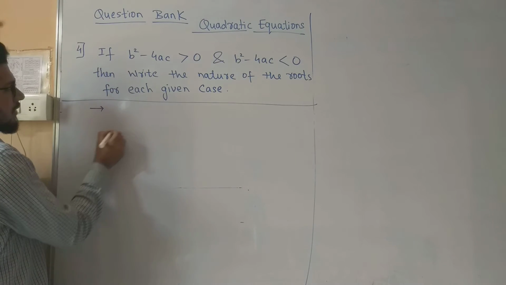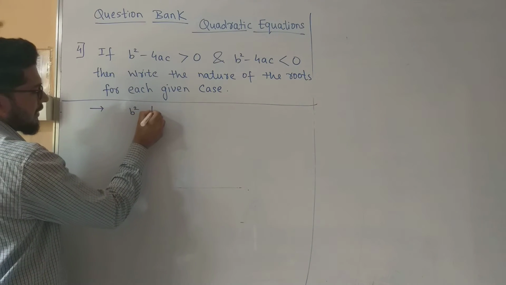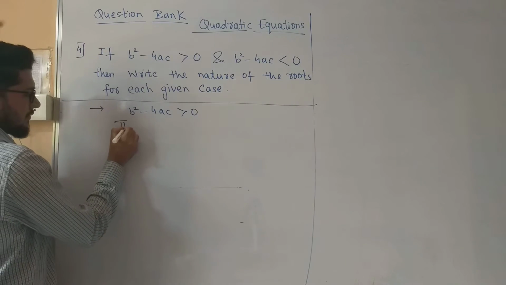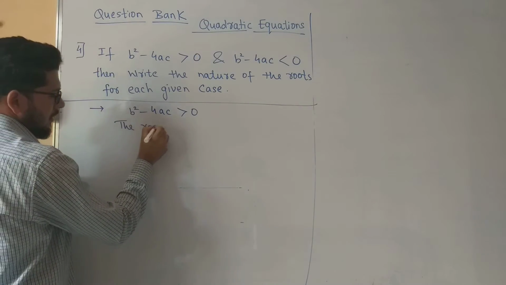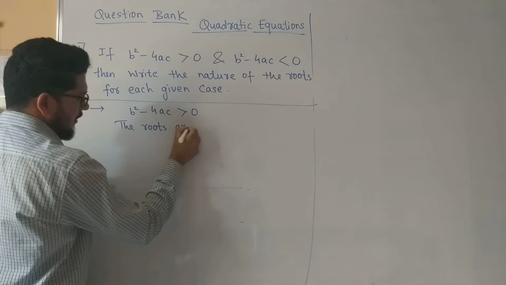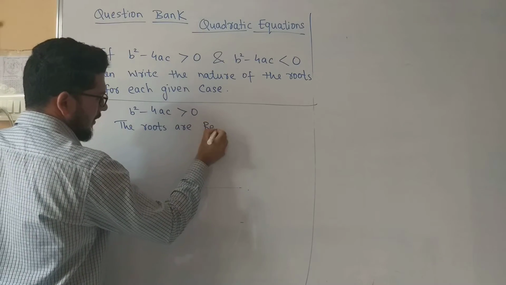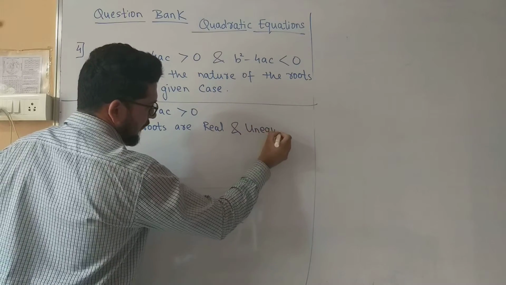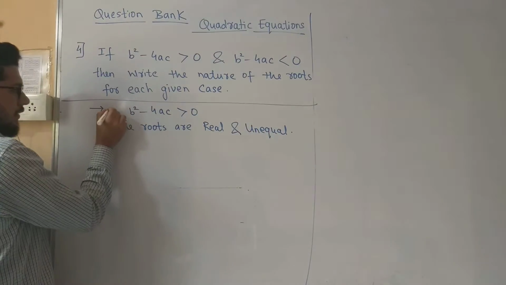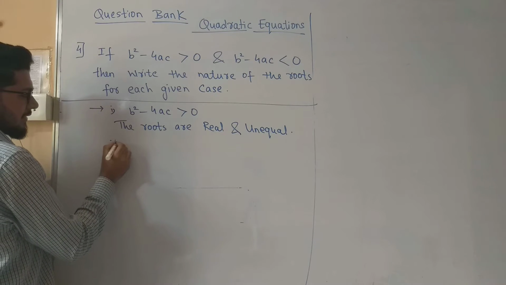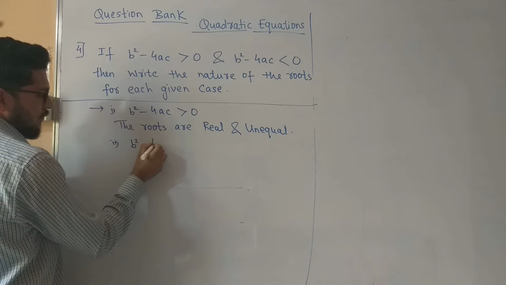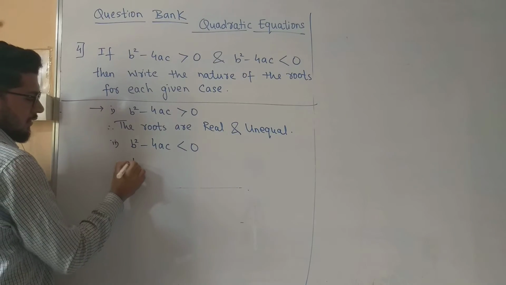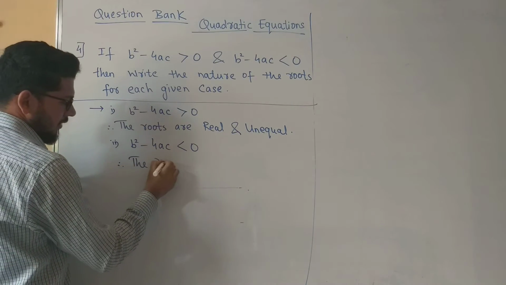So how will you start? First we will write for b square minus 4ac greater than 0. The roots are real and unequal. This is the nature you have to learn. That is done for the first case. For the second case, b square minus 4ac is less than 0, therefore the roots are not real.